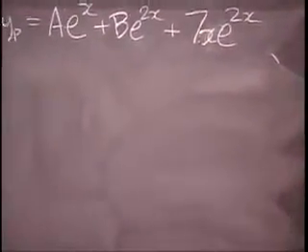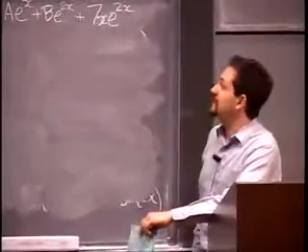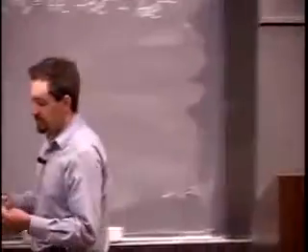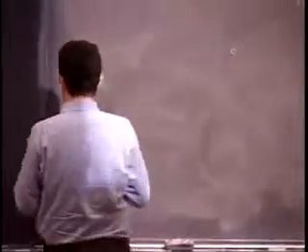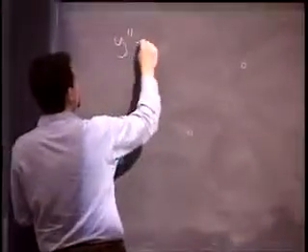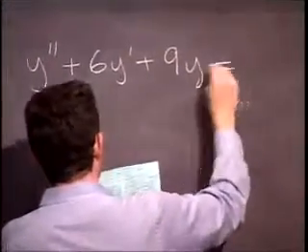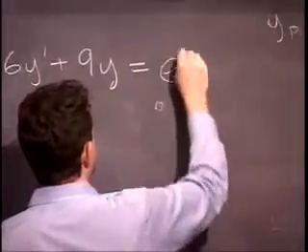Another question. How did you know it was an x, not x squared? Well, I only needed an x because there was only one conflict. But I will show you the beginning of another example that I work fully in the book where you'd need an x squared. So if you had, for example, y double prime plus 6y prime plus 9y equal to e to the minus 3x, say.